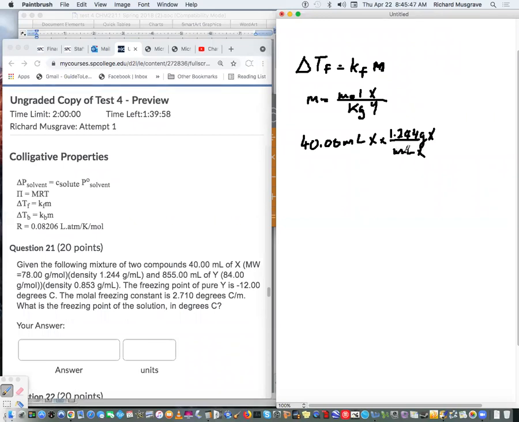So you see I'm multiplying the density here to get the mass. Cancel the mils. And then to get the moles, divide by the molecular weight, 78.00 grams.